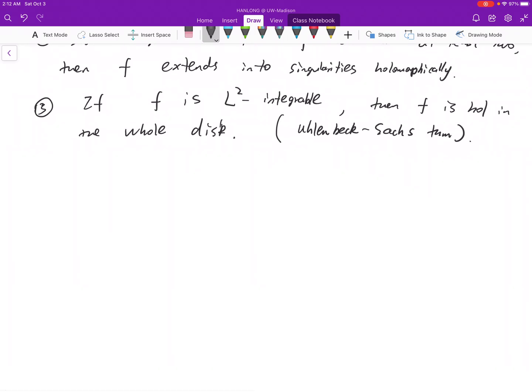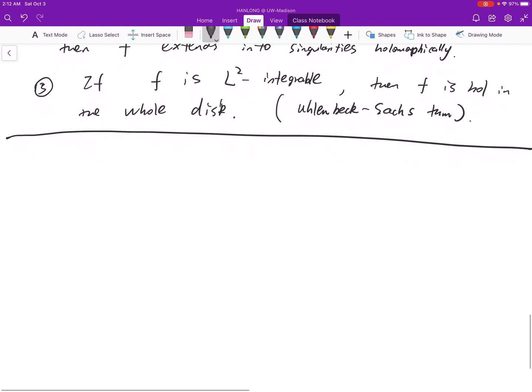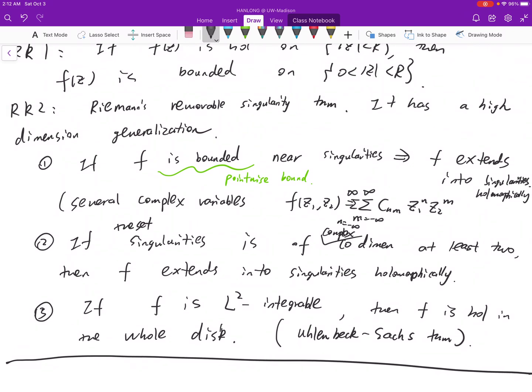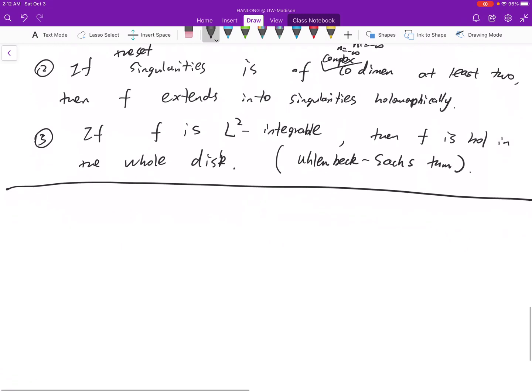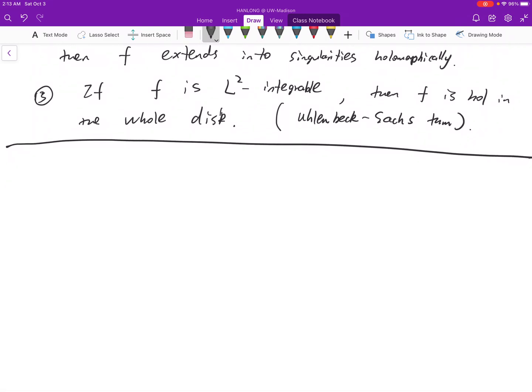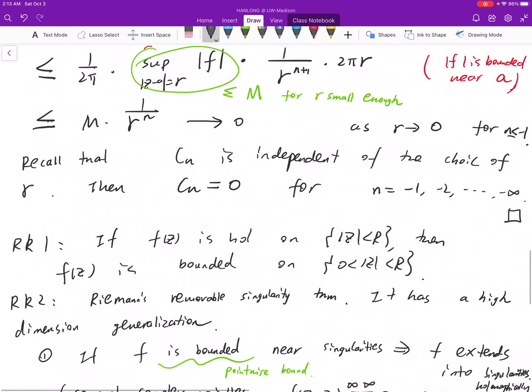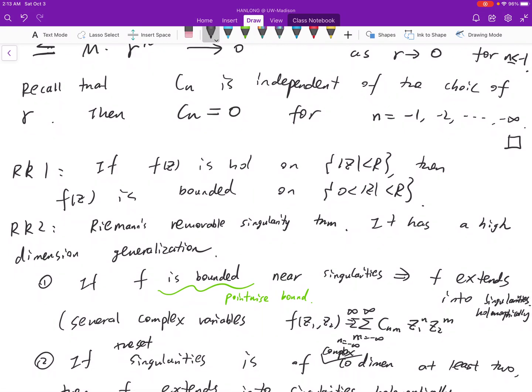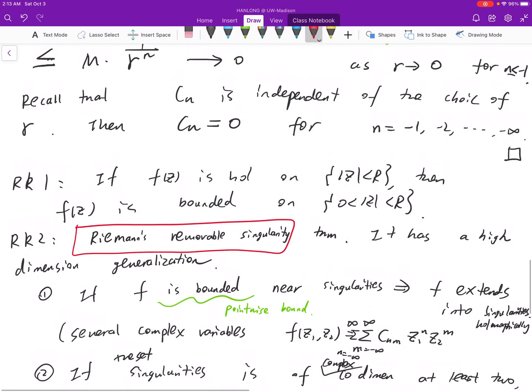As well, I will not get into the detail of this huge story. But you can try to formulate these three things, try to understand the statement, or search online. Those are very fundamental theorems in algebraic geometry, in differential geometry, of course in several complex variables, but their roots are Riemann's removable singularity theorem, just this simple theorem.